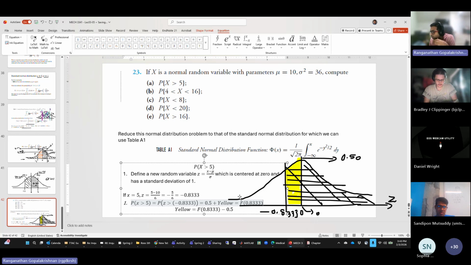Is it not f of 0.5? Let me see here. Minus f of 0.5.